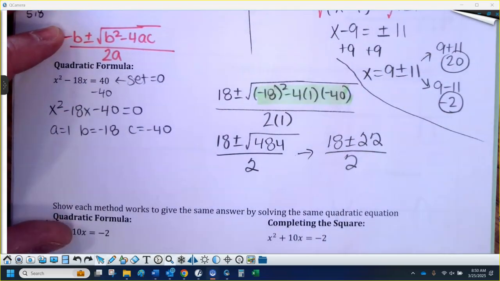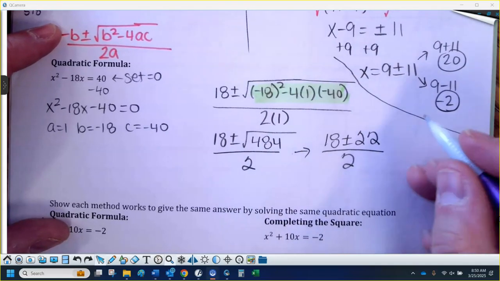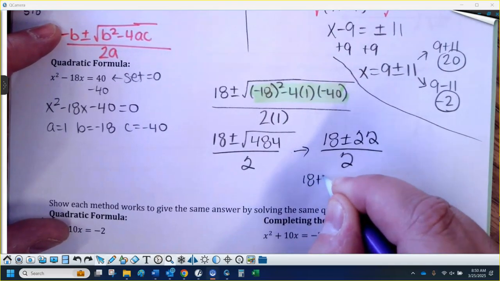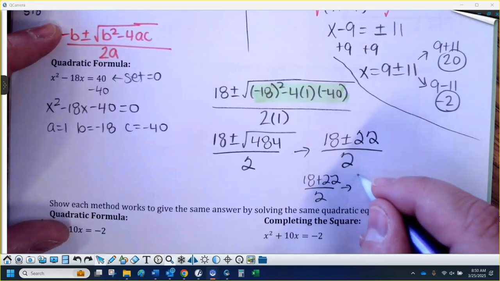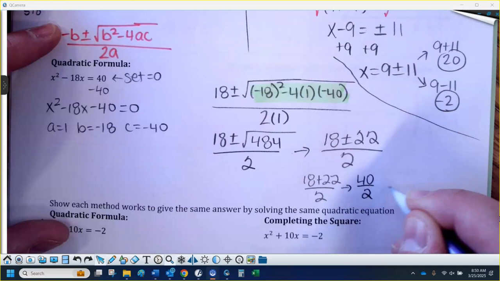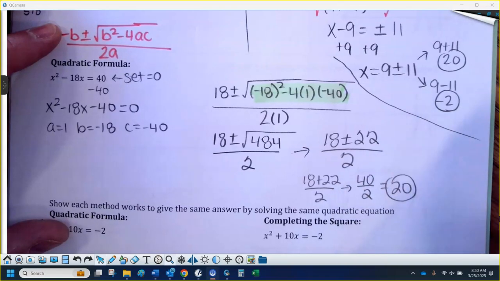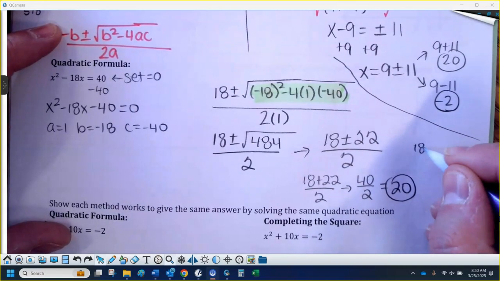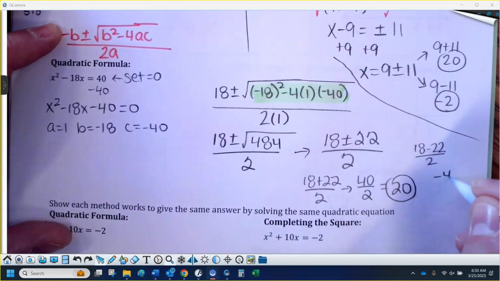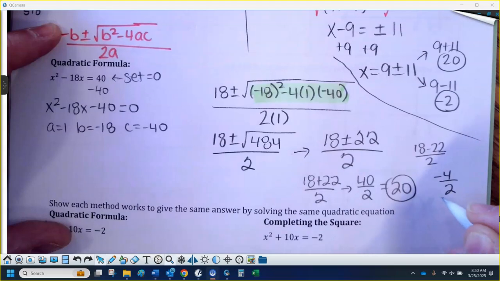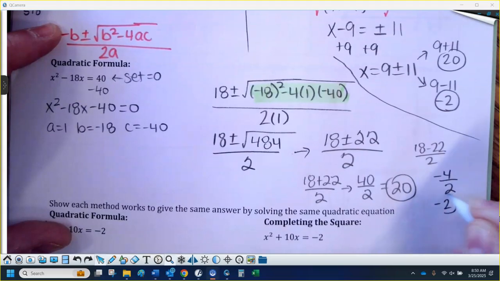You don't see any radical, you don't see any i, so we can simplify this. If I do 18 plus 22 divided by 2, that's going to give me 40 divided by 2, which is 20. And if I do 18 minus 22 divided by 2, that's going to give me negative 4 divided by 2, which is negative 2.